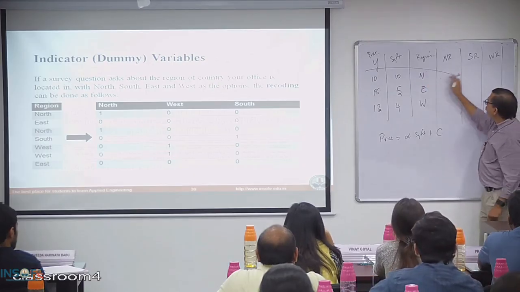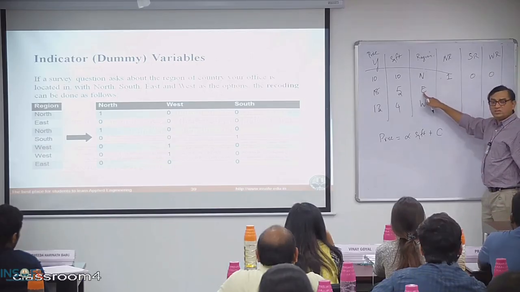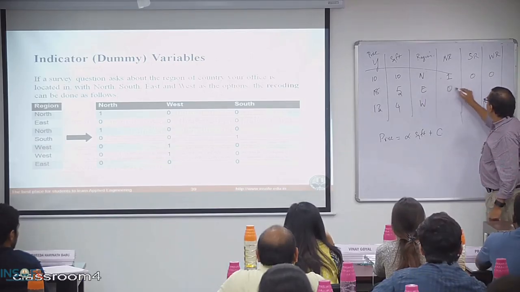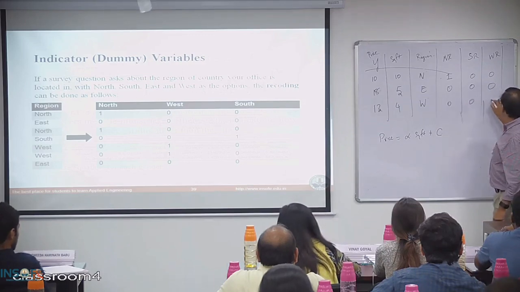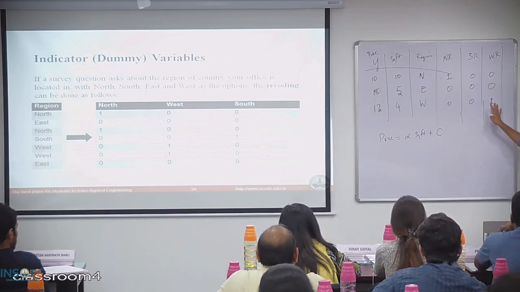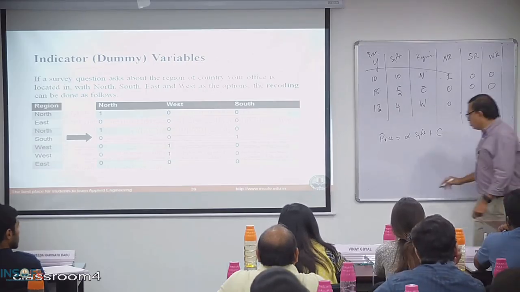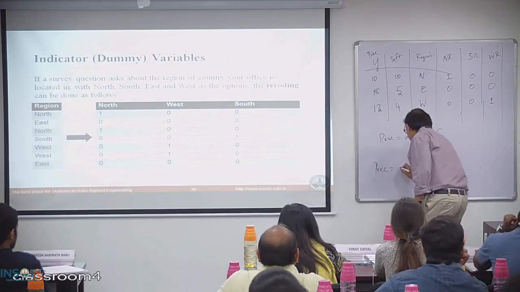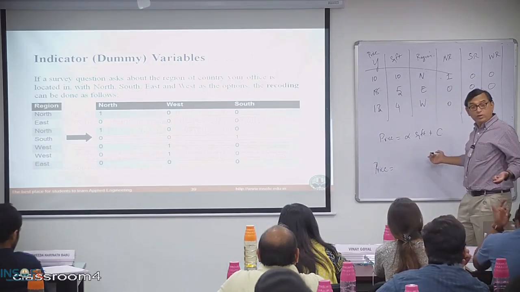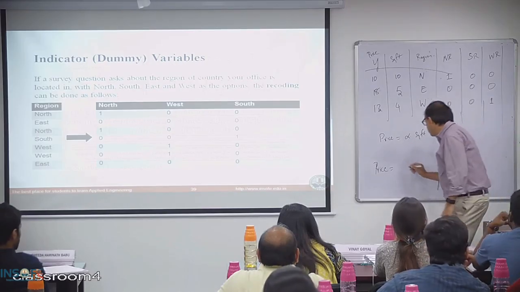Right? When it is north, this region gets 1. These are all zeros. When it is east, all of them are zeros. When it is west, this is 0 and this is 1. Correct? Now, the regression equation is going to look like this. Price is equal to a different value. The square footage slope could change because now you're looking at a new data set, so the values of all of this are going to be different.